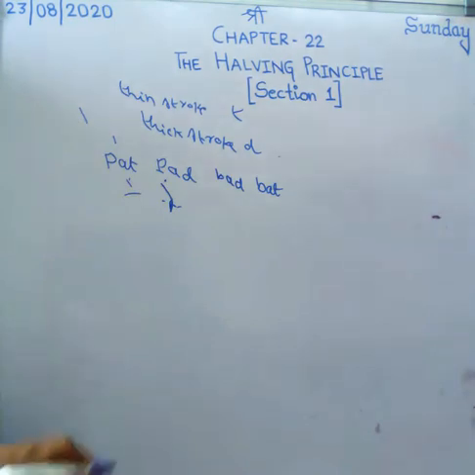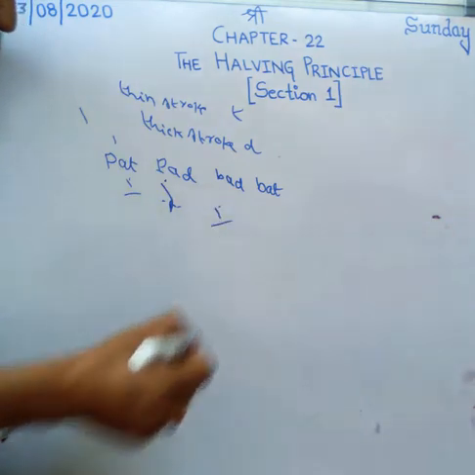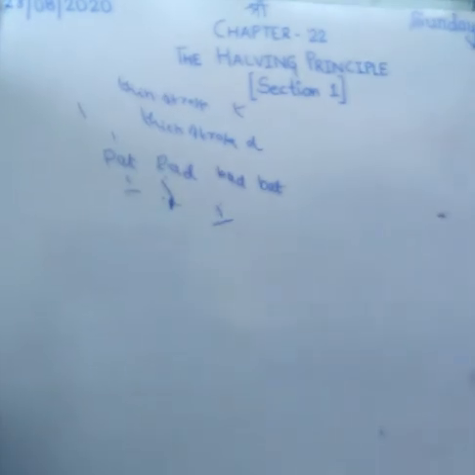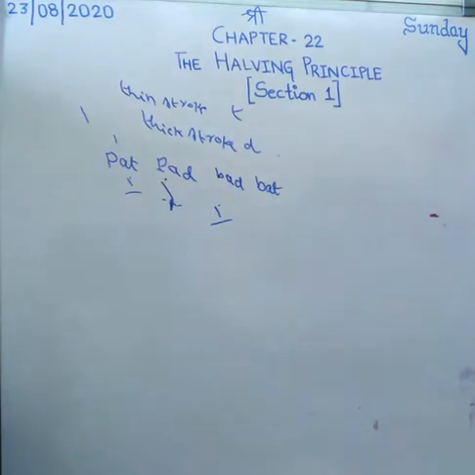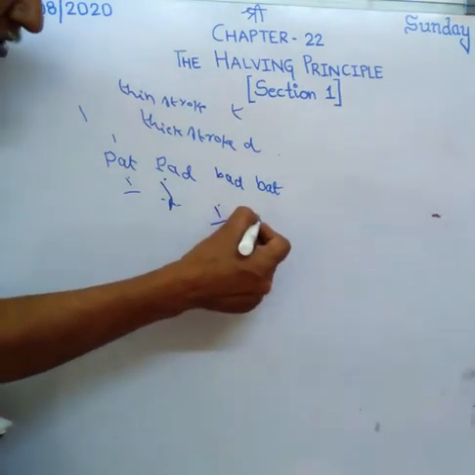By halving that, you can add the sound of D. In case of bat, B plus R plus T. By halving B, you would have to add the sound of T. This is a monosyllabic word. When a thick stroke is halved in case of a monosyllabic word, only D is added, not the sound of T. So here you cannot halve for the addition of T. You have to write B and T in full.